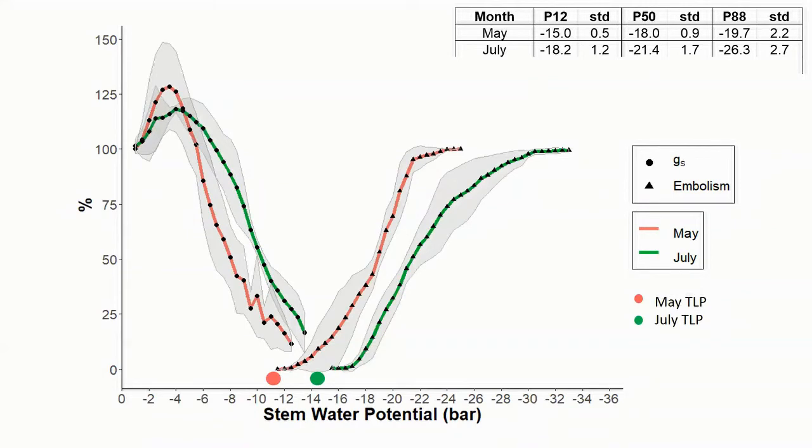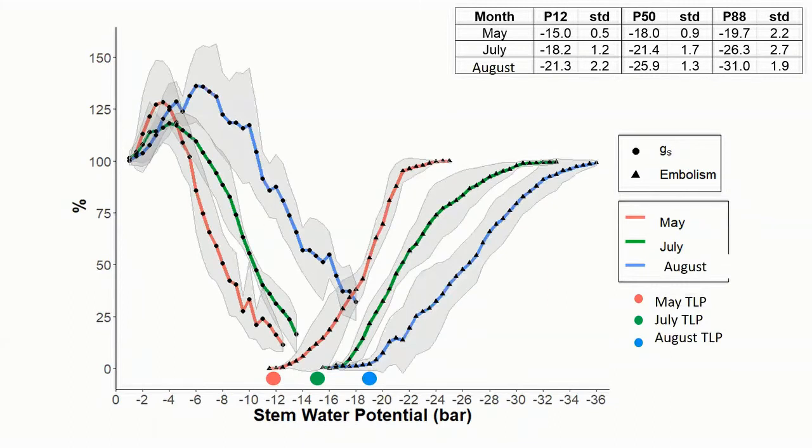And when we did it again in August, everything shifted by another 3 bars, from 18 to 21 in P12, or from 21 to 25. Here it's 4 bars. Actually, the turgor loss point also shifted by about 4 bars. So it's a very coordinated and complementary response between all of these hydraulic traits.